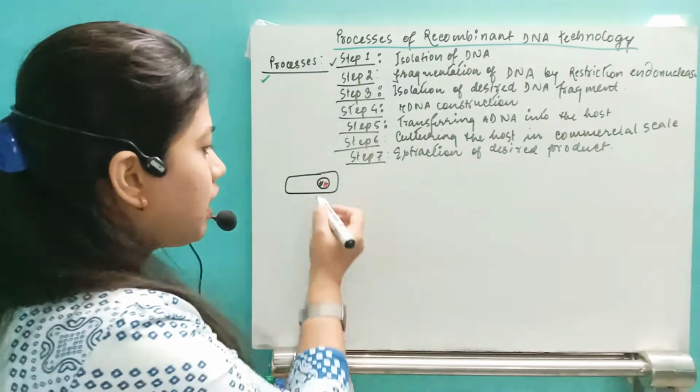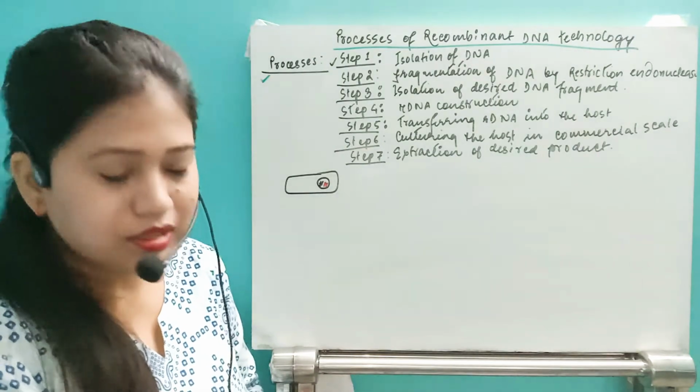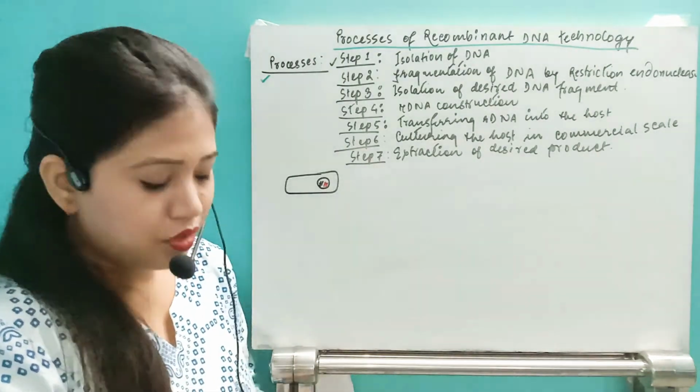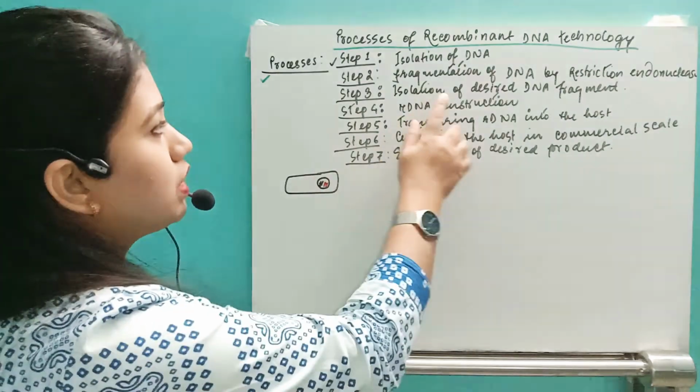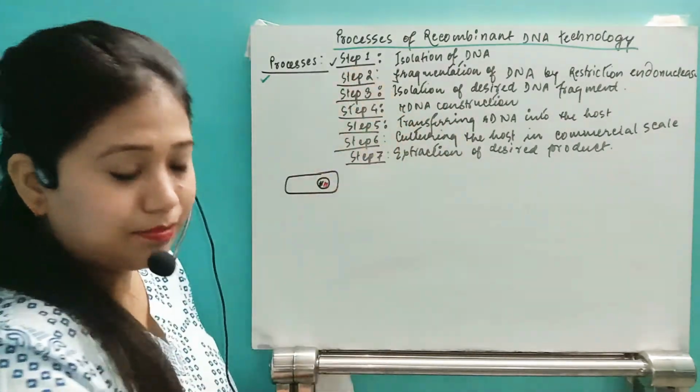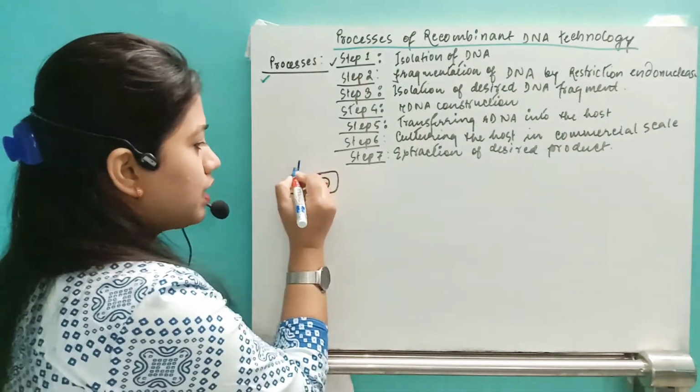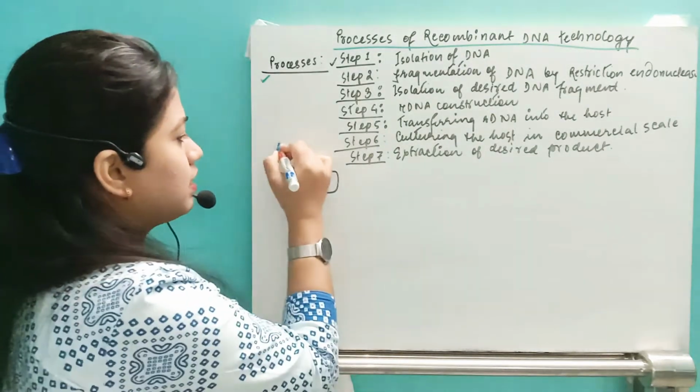So if we need a gene fragment from that nucleus, how are we able to get it? First of all, how can we isolate it? Let us see the first step. To that cell we are going to add an enzyme, that is the lysing enzyme.